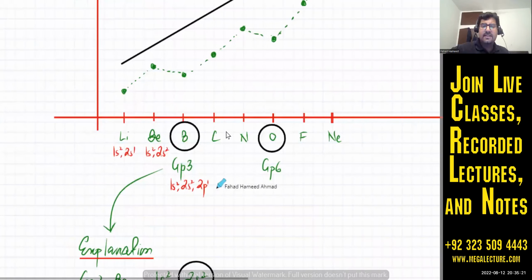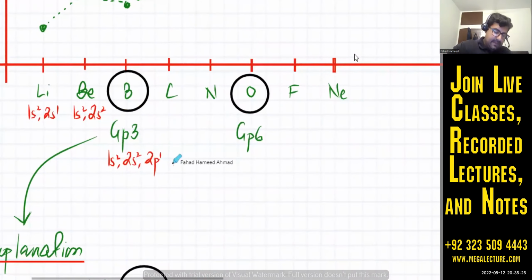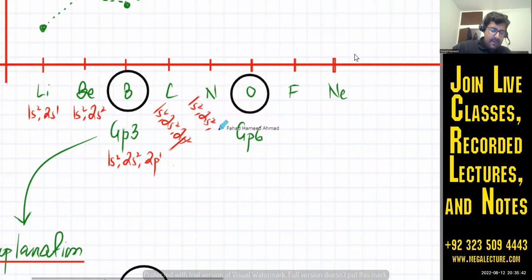The trend is not going to get disturbed by carbon or by nitrogen because they have exactly the same subshells. Carbon will be 1s2, 2s2 and 2p2. They have an identical subshell, so that's not a factor. Nitrogen is 1s2, 2s2 and 2p3.